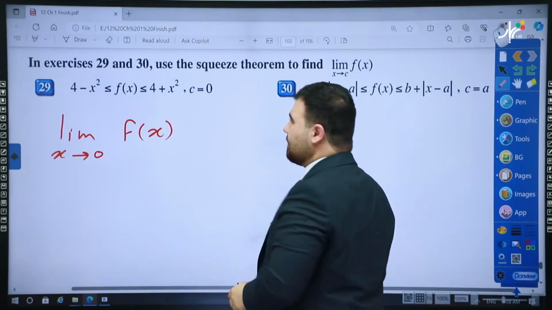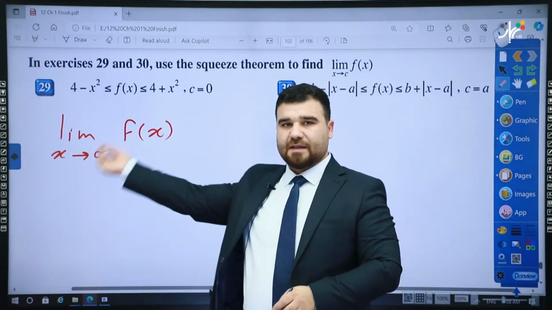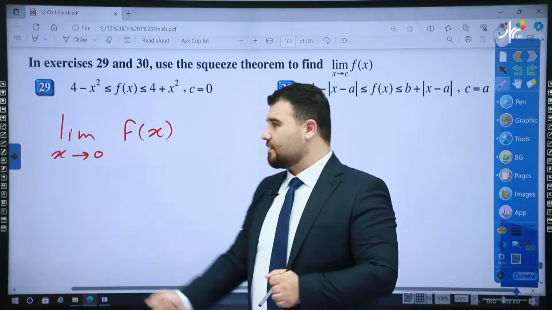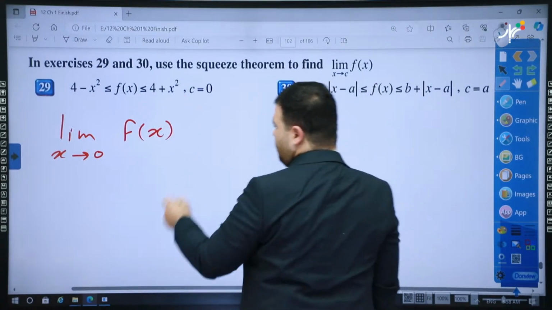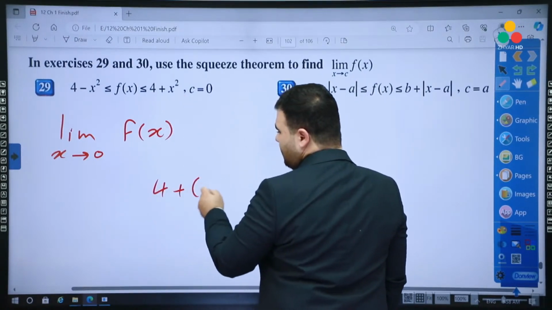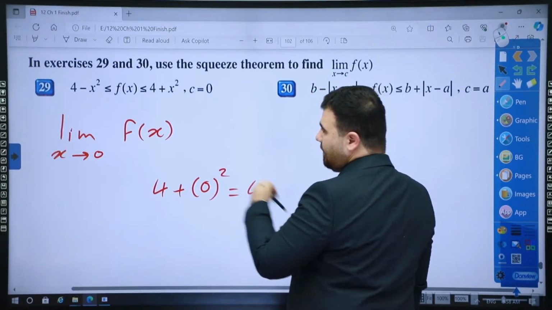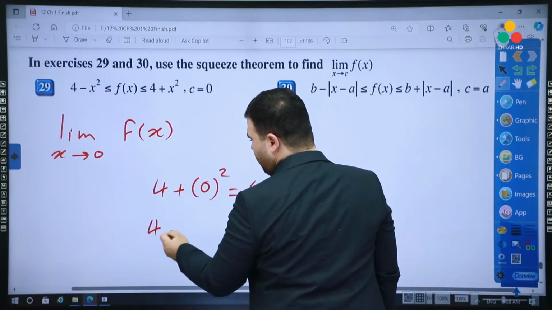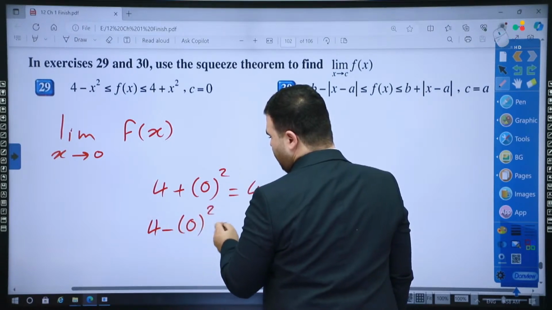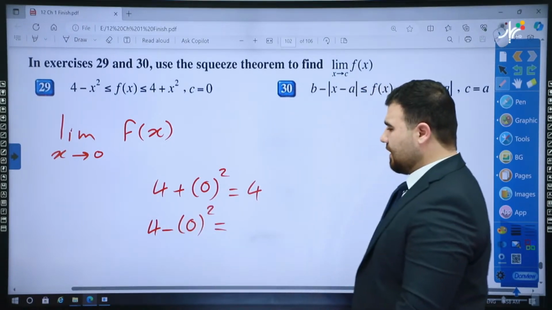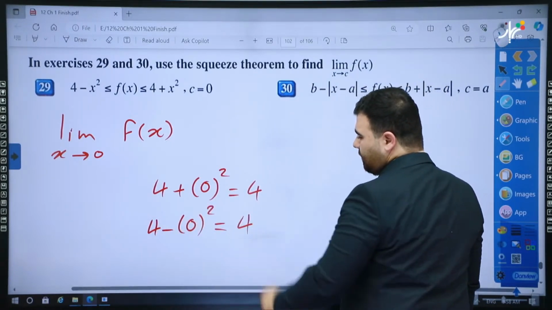In order to find this limit, I will do the upper limit and the lower limit, and let's see the result. If I put 0 here in place of x, 4 plus 0 power 2 is equal to 4. That's the upper function. The lower function is 4 minus 0 power 2. If I put 0 in place of x, that's also equal to 4.